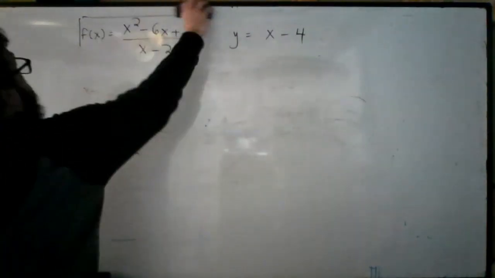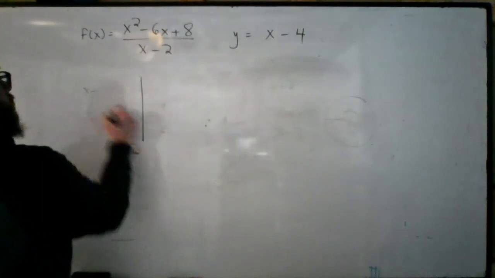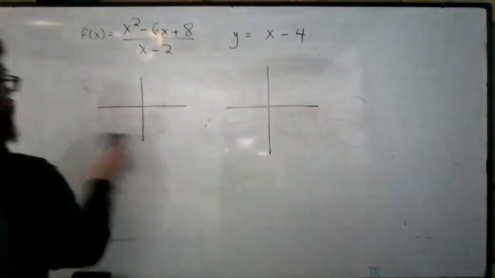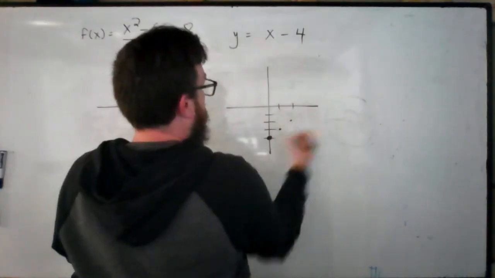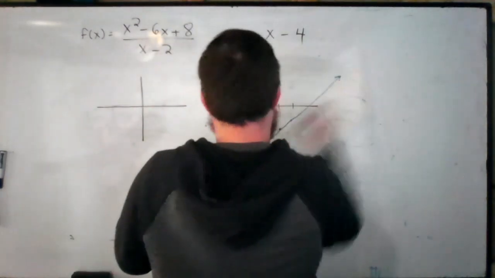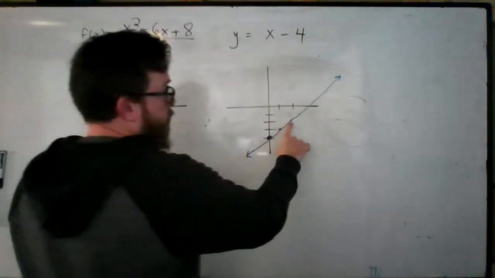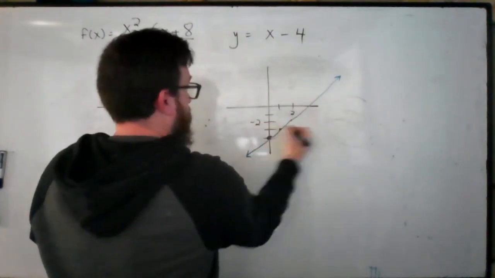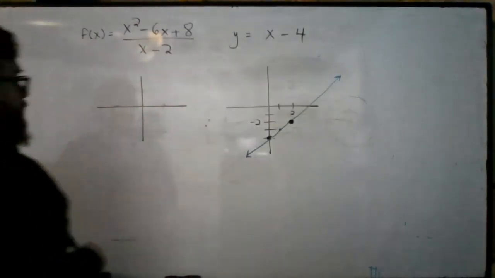So if I graph both of these functions, we'll start out with the easier one. This is a linear function, up one, right one, and we can see that the graph of this thing looks like this, which we can see that this function is defined at x equals 2. There's a point there, and at x equals 2, y ends up being negative 2, because the solution point of 2 comma negative 2 is on that curve.